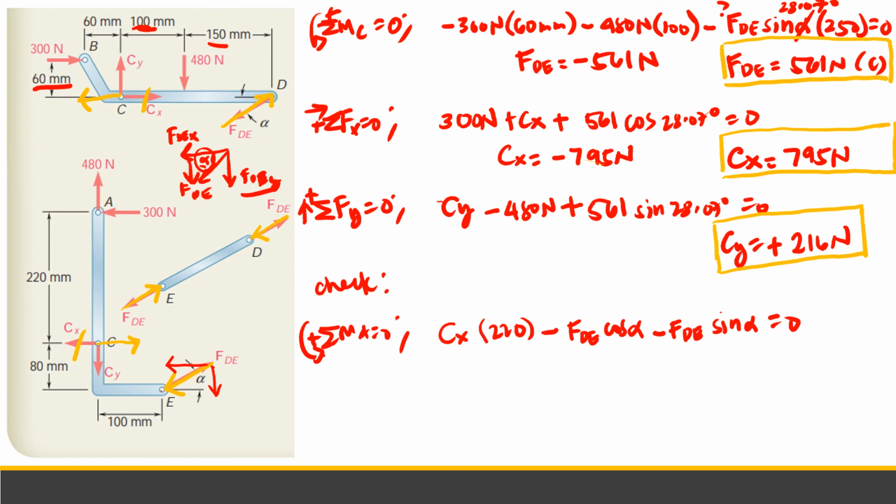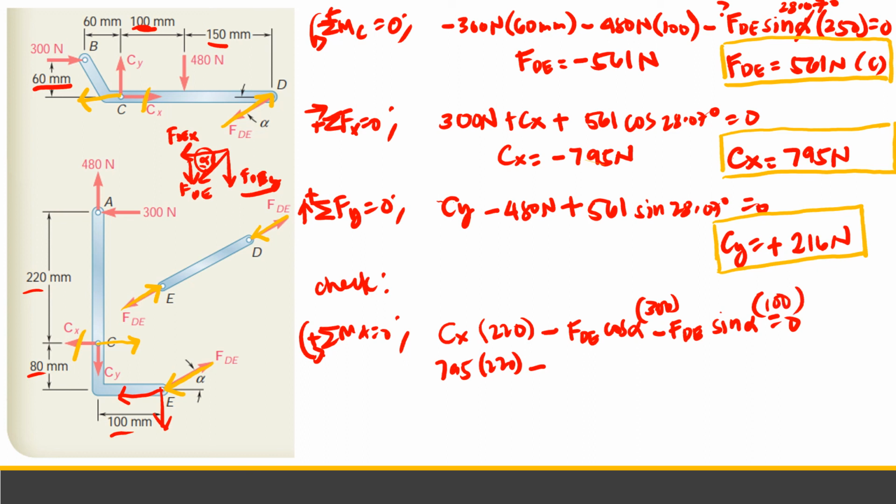Hindi pala. Dito pala natin i-apply yung components niya. Ayan. So, lahat siya clockwise. So, meaning CX is 795 times 220 minus, so this is times 220 plus 80. So, that is 300. And then, dito naman sa FDE sine alpha, meron tayong 100.